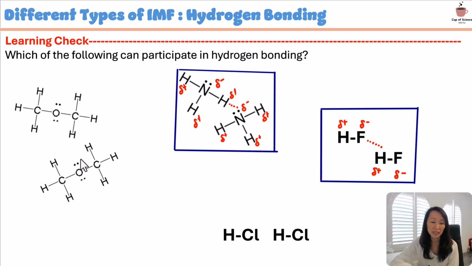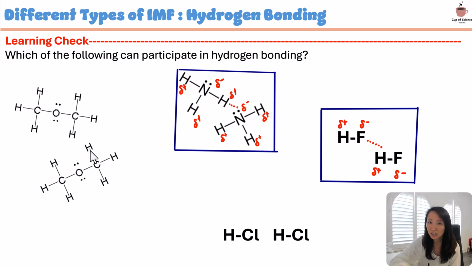How about over here? Now, you may say, well, it has hydrogen, it has oxygen, so why not hydrogen bonding? The thing is, the hydrogen must be directly attached to the fluorine, oxygen, or nitrogen, but it's not.